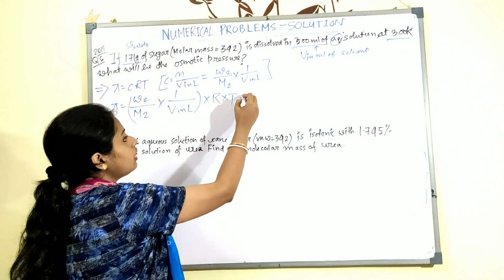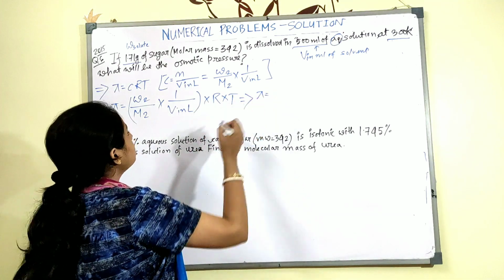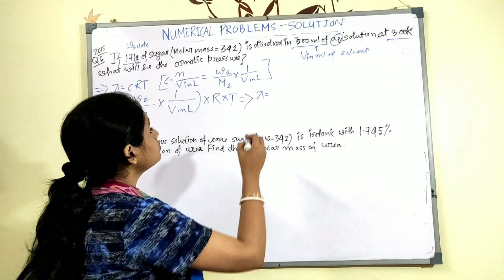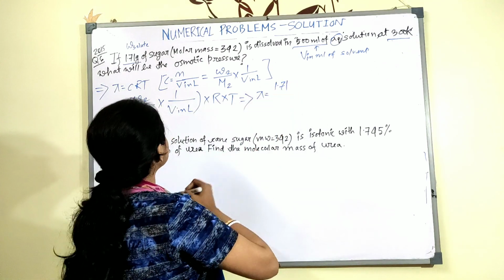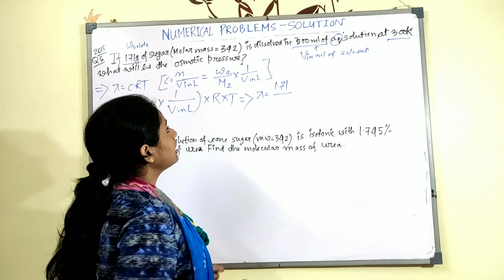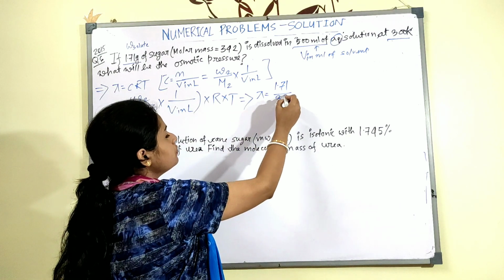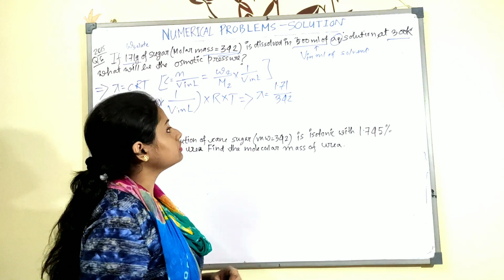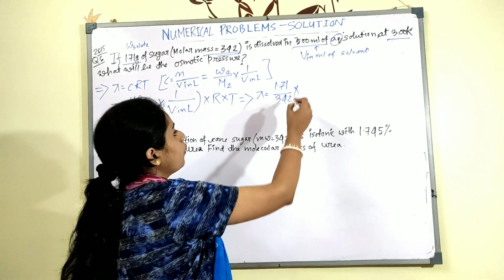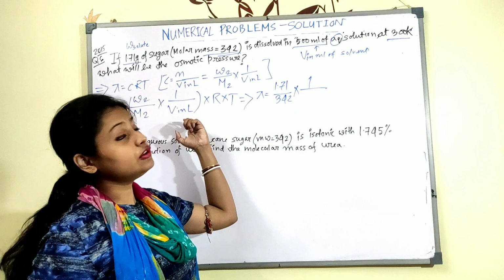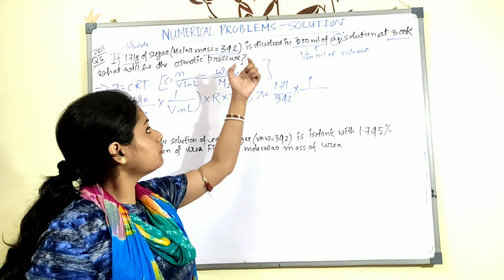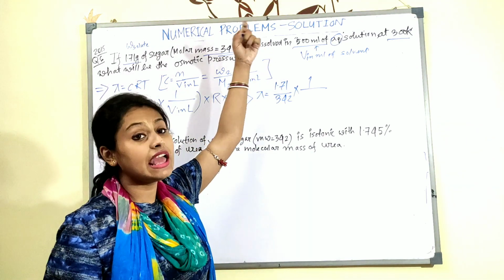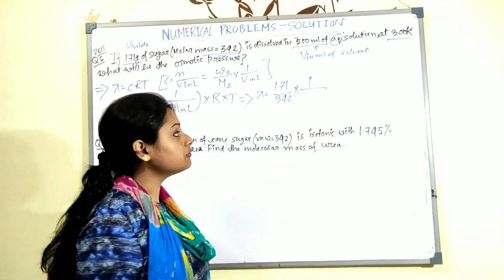Now let us put all the values. So pi will be equal to W2, that is 1.71, by M2, the molecular weight, which is mentioned over here, 342, into 1 by volume in liter. The volume is mentioned over here in ml, so we need to convert it.